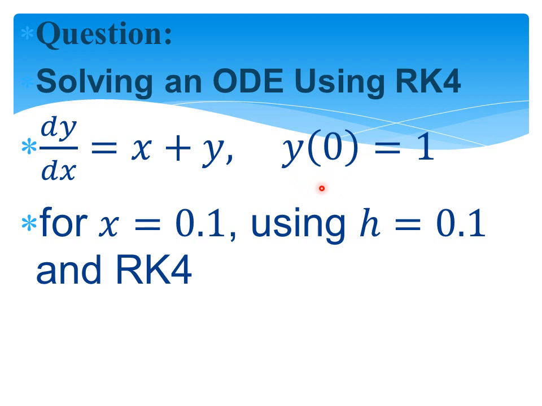The initial value is x0 = 0 and y0 = 1. For x = 0.1, using h = 0.1 and RK4. This is the initial question given. Now we will solve this question.